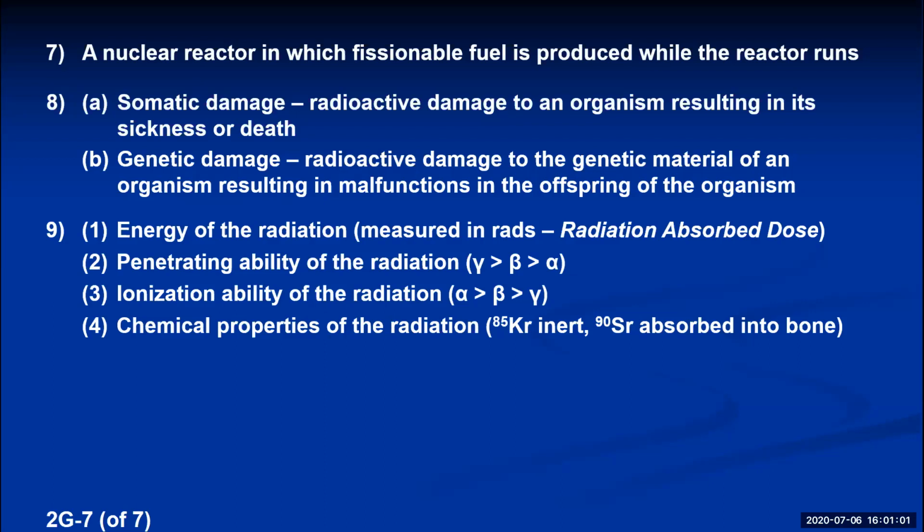For example, if you have radioactive krypton or radioactive strontium, both of which can be produced from nuclear reactors or nuclear bombs, the krypton is an inert gas. It's a noble gas, therefore it doesn't bond to anything inside of a human system, and you would just exhale it out and it would have minimal effect. Strontium, being an alkali metal, would behave much like calcium and magnesium. That can be absorbed into the bones and into bodies, and therefore stay in the system a lot longer, causing more damage.